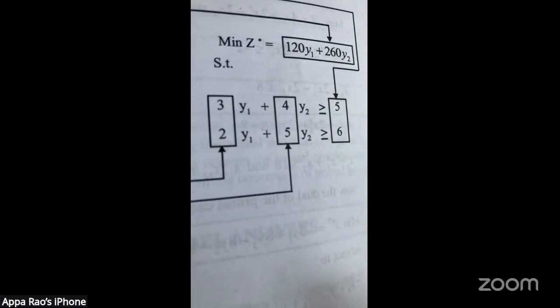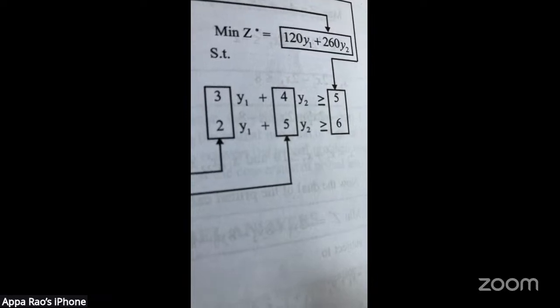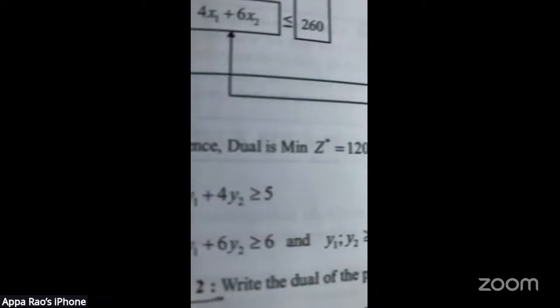This becomes 3y1 plus 4y2 greater than or equal to 5, or 2y1 plus 5y2 greater than or equal to 6.